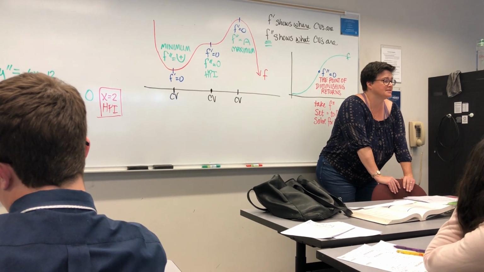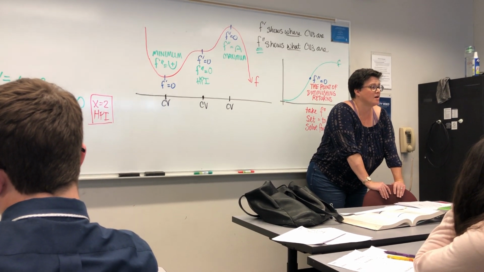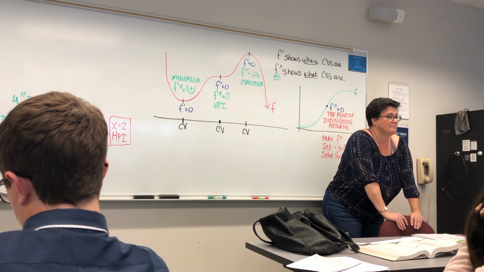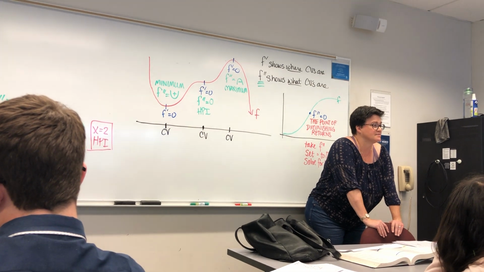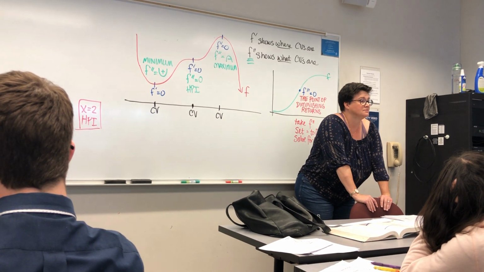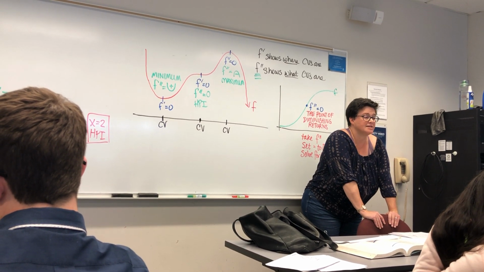Then you would plug them into the second derivative, and depending on what you got out, that's what they are. So if you get out a positive answer, it's a minimum. If you get out a negative answer, it's a maximum. If you get out a 0, it's an HPI. Point of diminishing returns, you skip right to the second derivative.